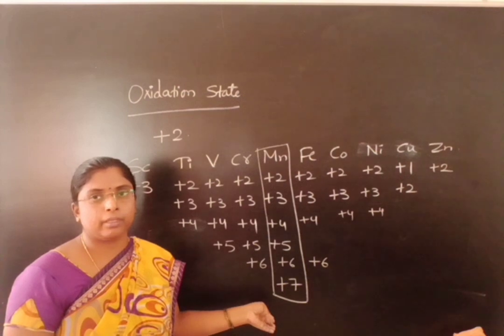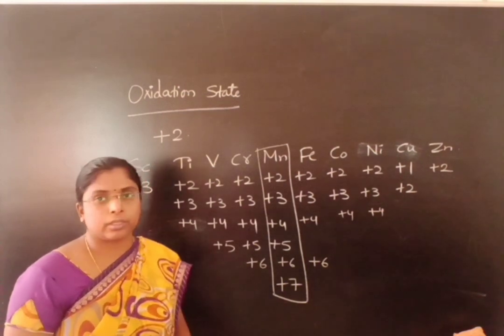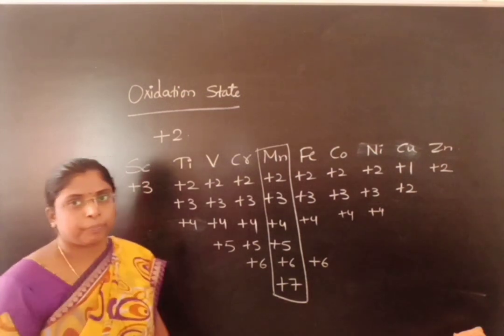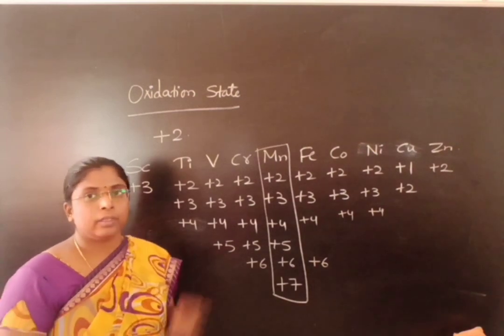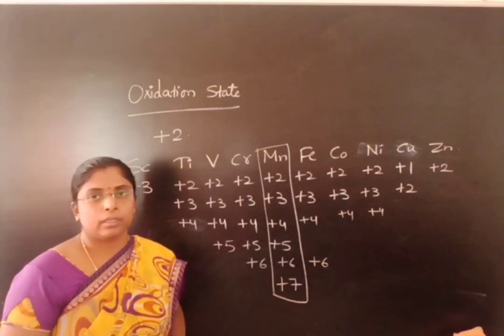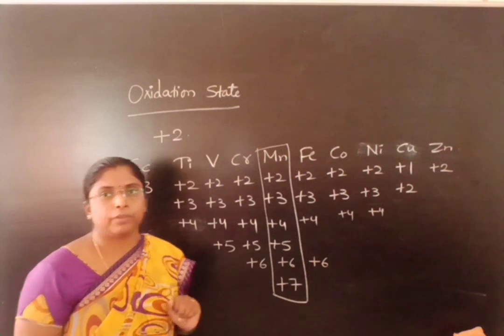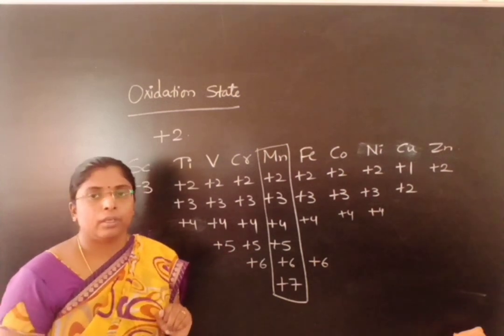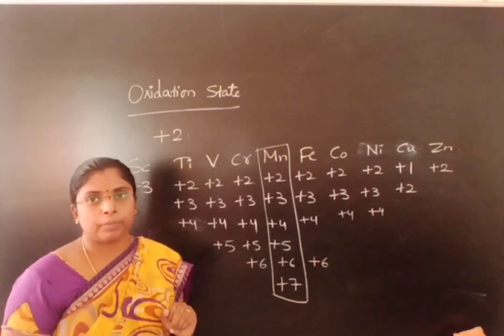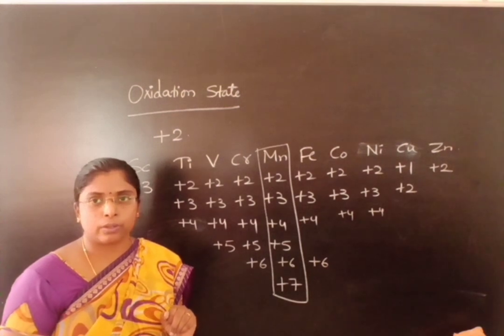Hence, manganese exhibits the highest oxidation state of +7. This is along the series, that is along the period. Down the group, from top to bottom, the oxidation state also increases.